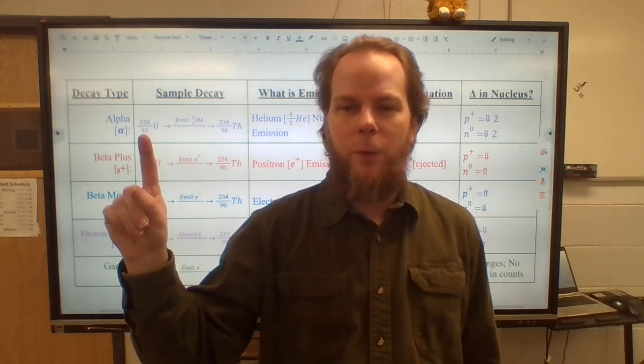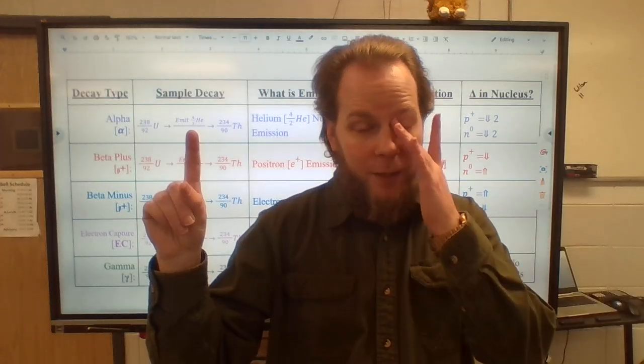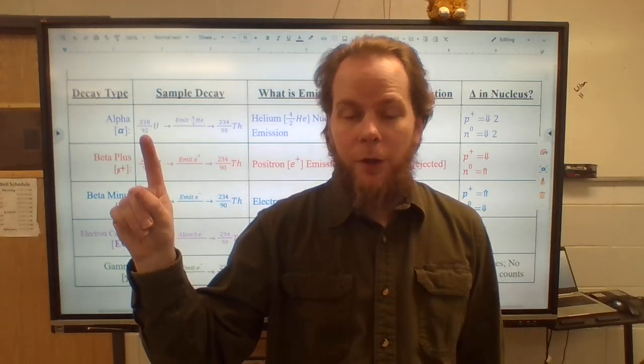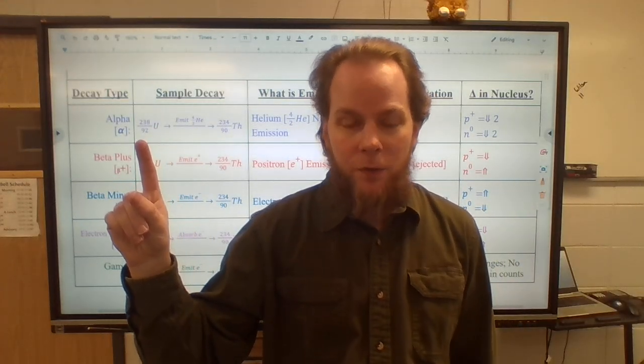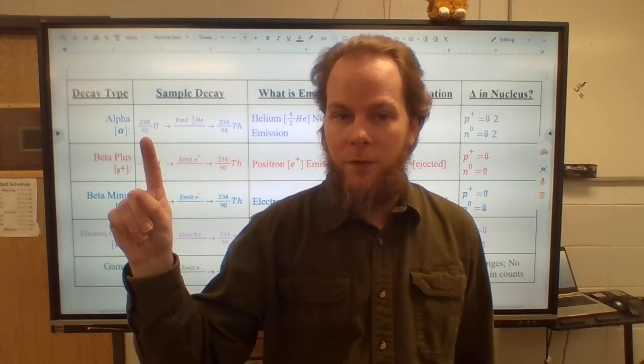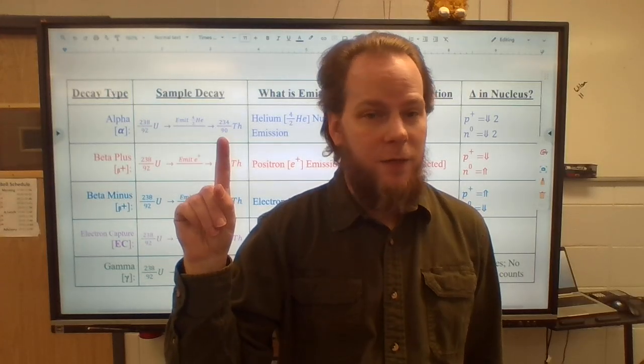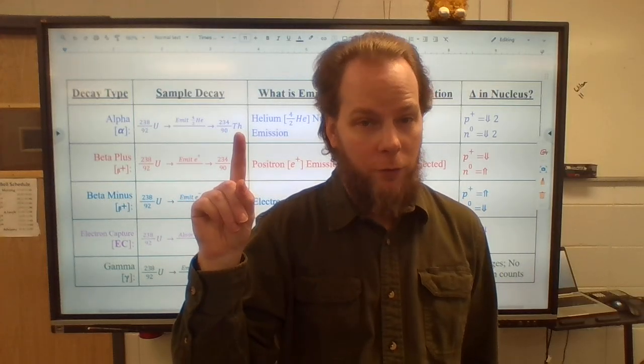So, uranium-238, a helium nucleus is ejected. That means that the number of protons has gone down by 2, and the number of neutrons has also gone down by 2. So, protons goes down by 2, that makes it 90 instead of 92, which is why it's thorium.